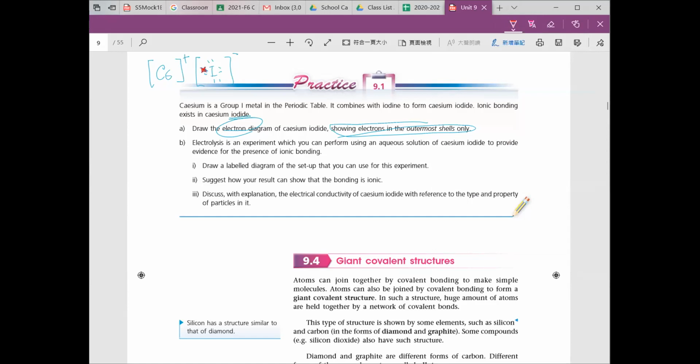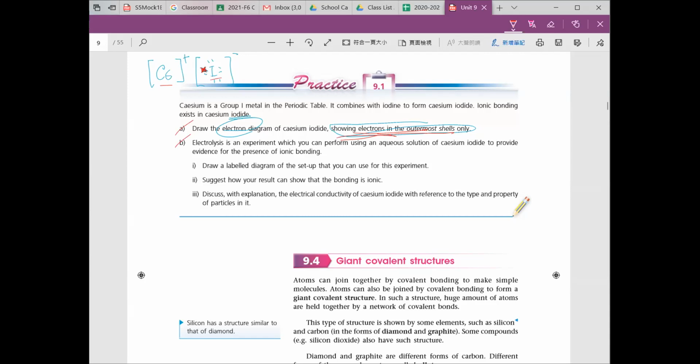Can you get my point? So you may use this to distinguish one from another. So cesium iodide is this. Don't worry about the inner shell, because as said in the question, you are going to show the electrons in the outermost shell only. You get the point. So what you need to know is to memorize those two symbols.